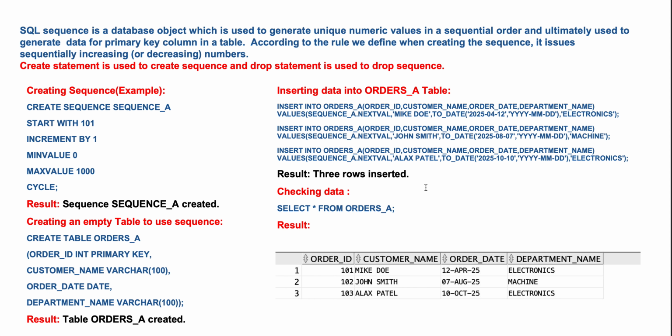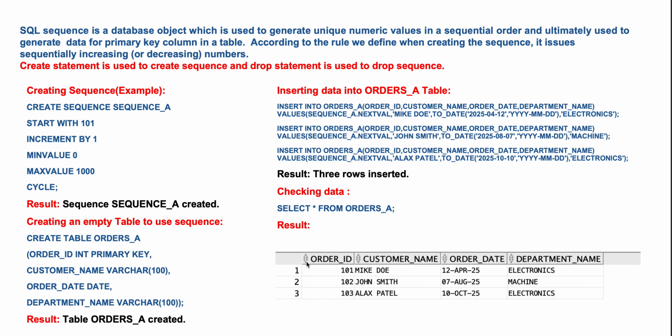And finally, we can check whether data has been inserted in the table or not. We use select star from orders_A. When we run this code, after completion, it displays the following table, where the table contains only 4 columns and 3 rows. The 4 columns are order ID, customer name, order date, department name.